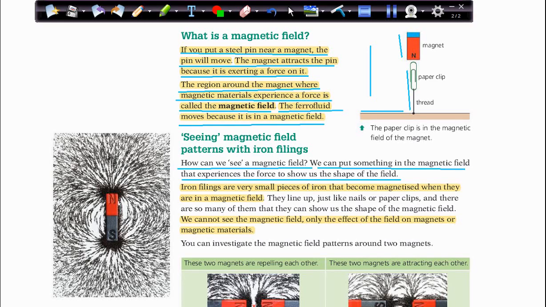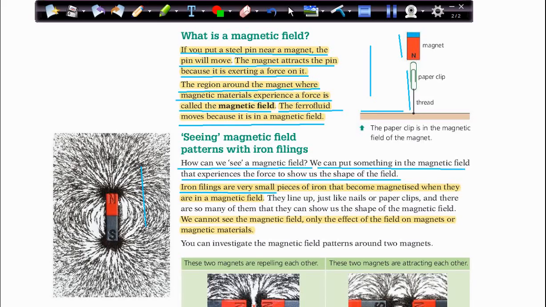We can sprinkle the iron filings around a magnet, or sprinkle them slowly and gently on the magnet. In this way, they will experience a force, or be in a magnetic field, and they will take the shape as you can see here. In this way, you can see the effect of the magnetic field of the magnet.